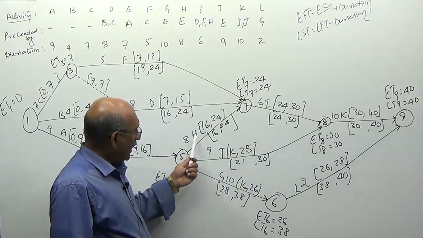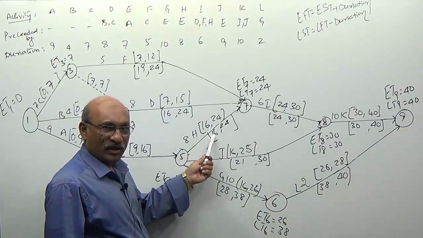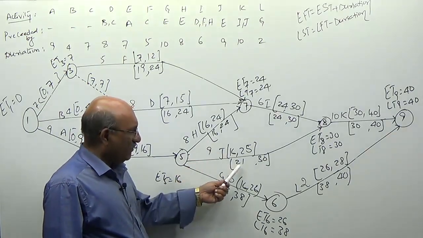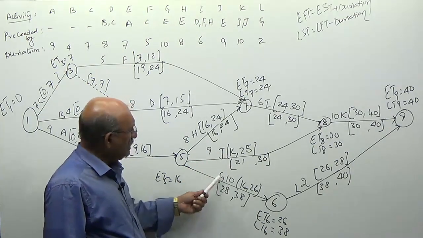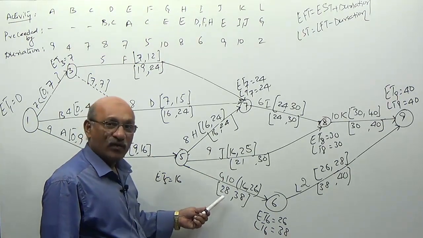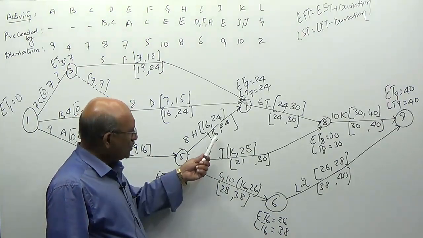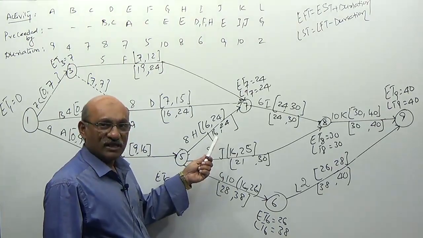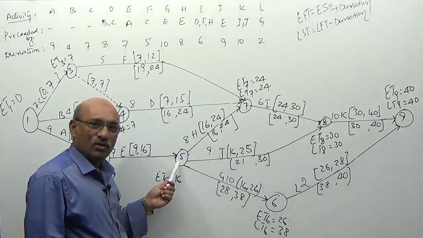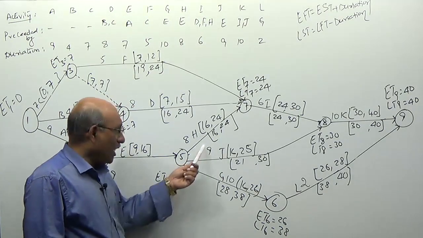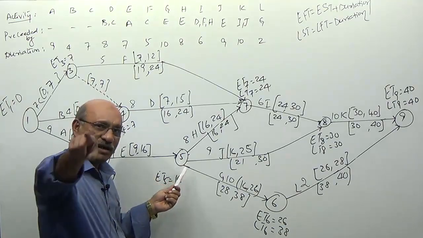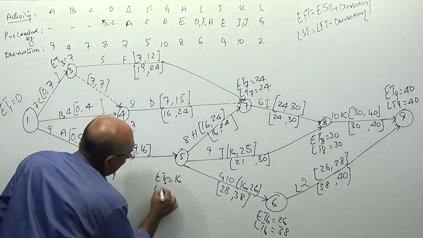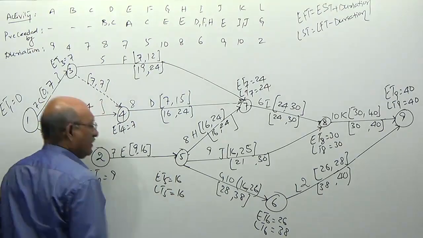One more time: H you have to start on the 16th day, J can be started even on the 21st day, G can be started even on the 28th day. So to start activity H on the 16th day, you have to reach node number 5 on the 16th. So latest timing of 5 is 16.